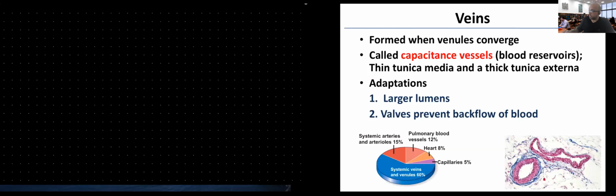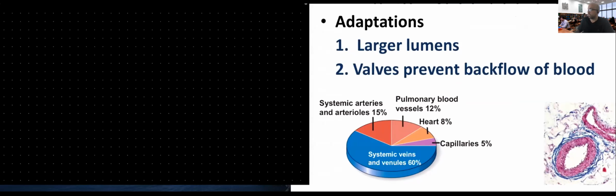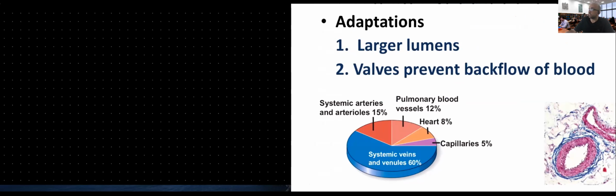Veins, those are going to be the capacitance vessels. And why do we call them the capacitance vessels? Because they act here as a blood reservoir. If we're looking on here at the distribution of the blood in the different parts of the vascular system, we can notice that the systemic veins will be holding 60% of the blood volume at any time, compared to the pulmonary vessels in the lungs, which will be holding only 12%.